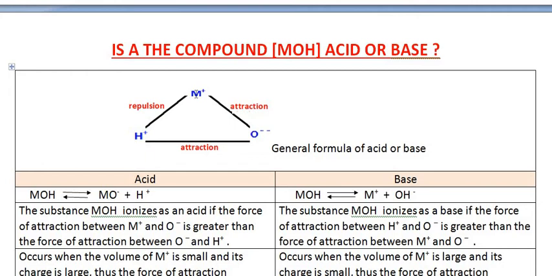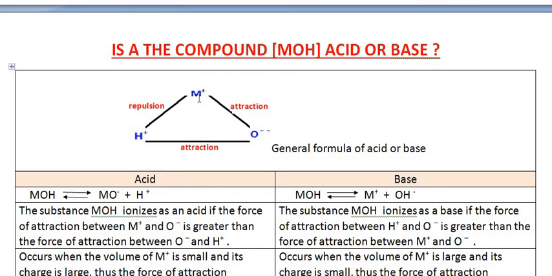If M is a metal, like sodium, potassium, and so on, the attraction between the metal ion and the O minus minus is weak, but the attraction between O and H is large. So OH will be together and M will be alone.